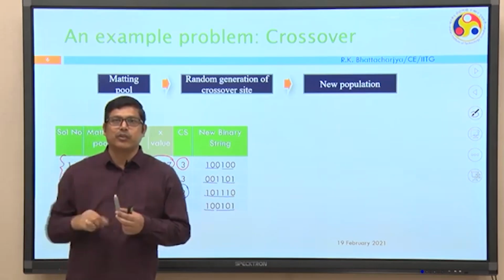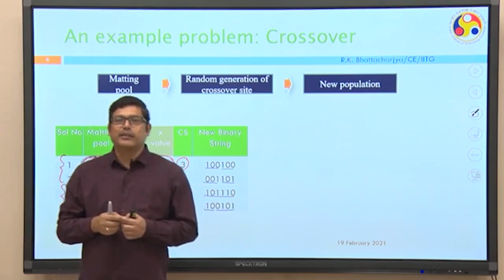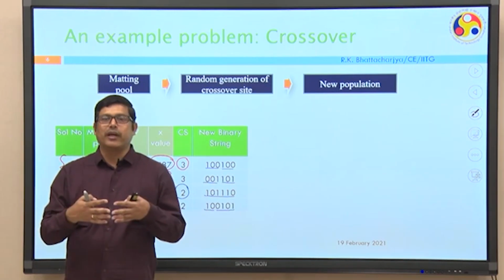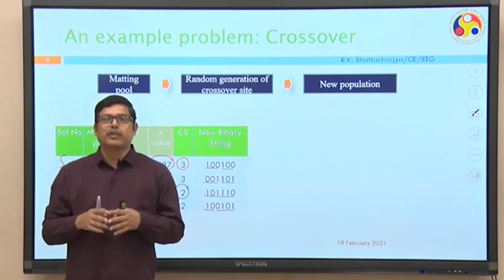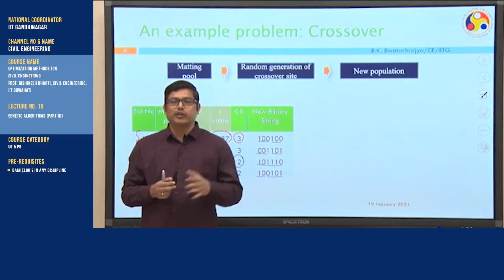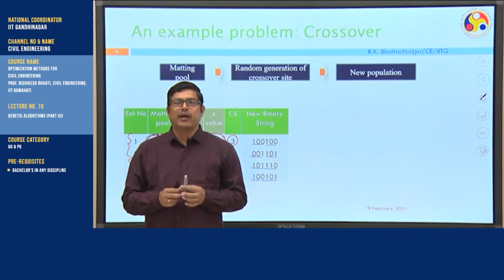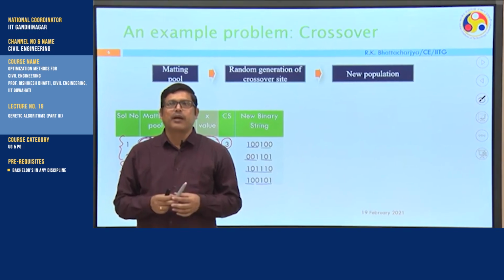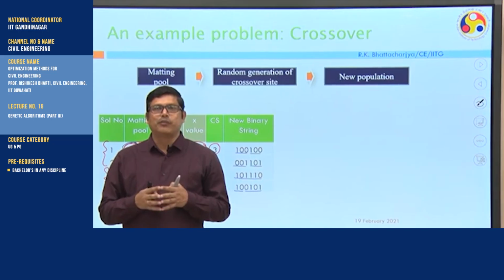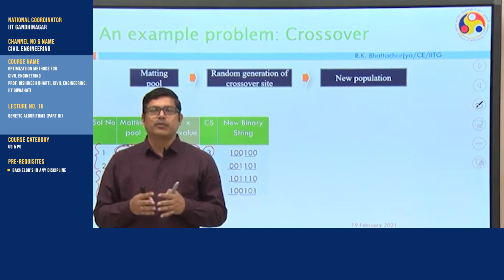If you are picking two solutions for crossover, there is a probability that you may get the same solution, and then if you apply crossover, you are not generating any new solution. Therefore, I want to maintain diversity in the population pool, so you should not use a higher tournament size; 2 or 3 is fine. If your tournament size is more, your population will be saturated by the best solution.